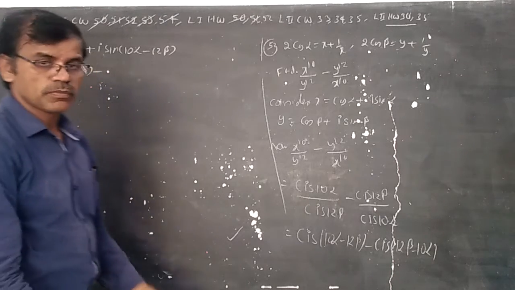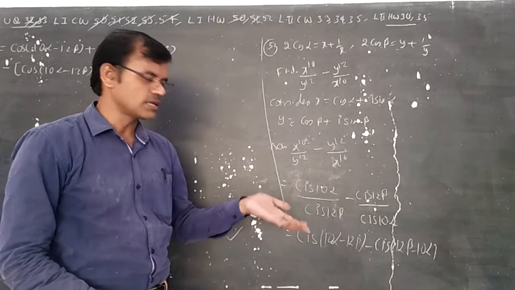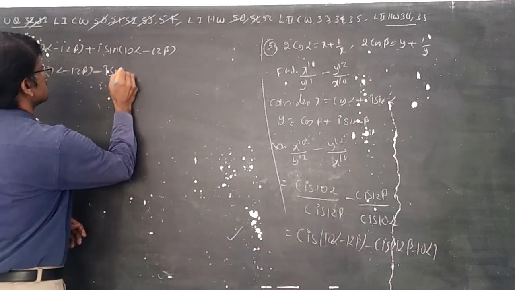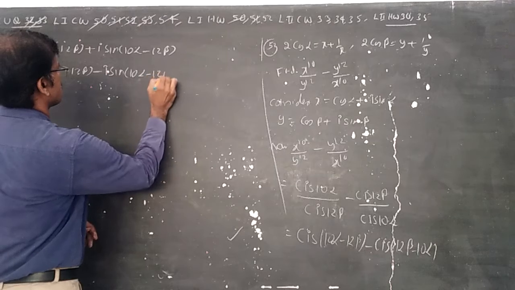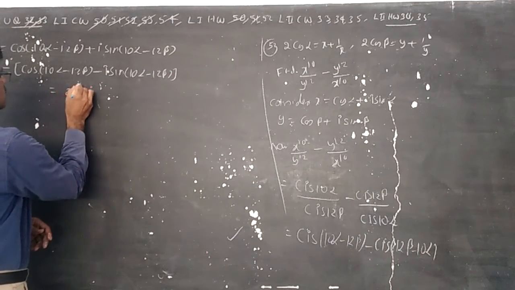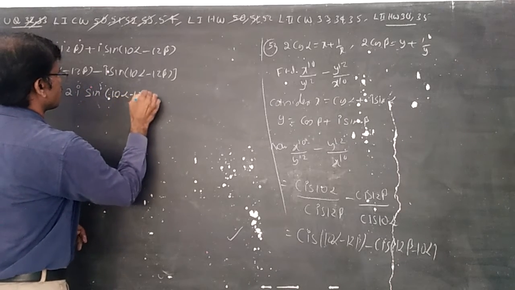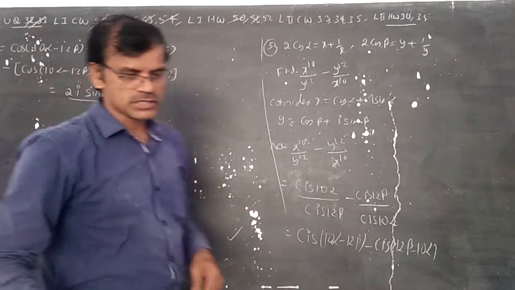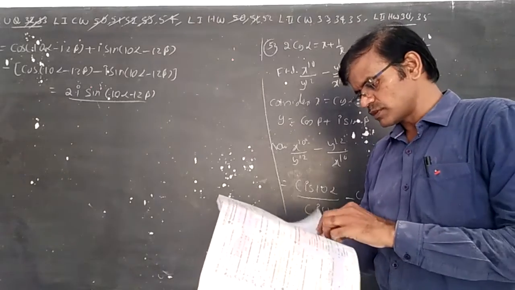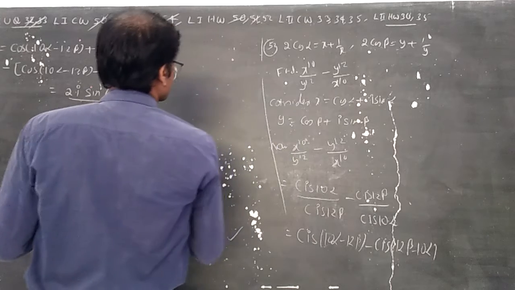Plus i sin of 12 beta minus 10 alpha can be written as minus i sin of 10 alpha minus 12 beta. Whenever subtracting, you can get 2i sin of 10 alpha minus 12 beta. That's all. First option, 2i sin, second option. 52nd question. Now 53rd question.